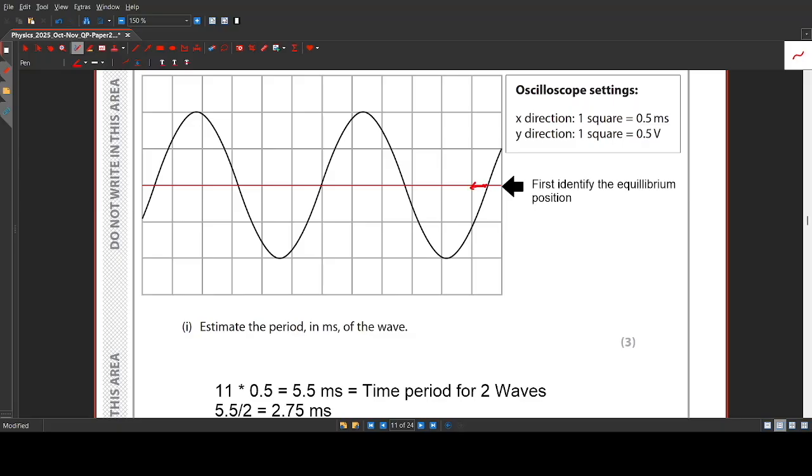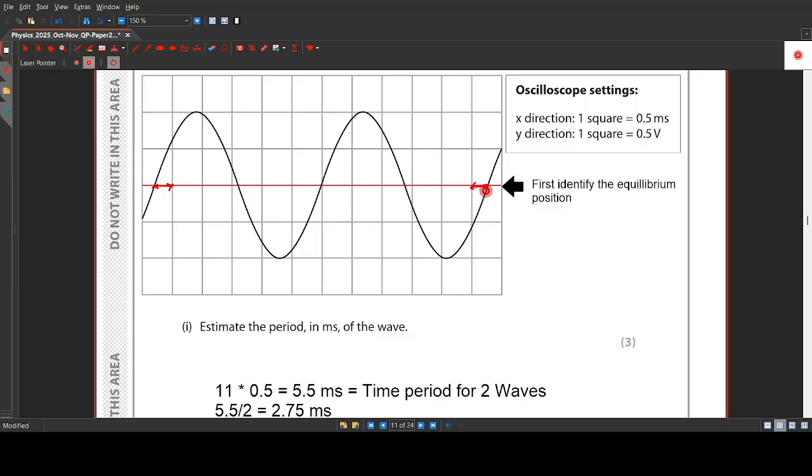One is this part and the other is this one. Let's count the number of boxes in between. 1, 2, 3, 4, 5, 6, 7, 8, 9, 10. So we are sure that there are 10 boxes which completely fit these two waves, but we will have to include this segment and this segment as well.